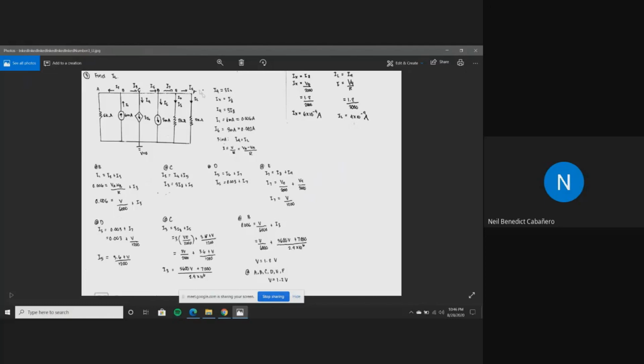So now, since we have already identified the nodes and the direction of the current, we now start solving for IL, this one. So the given I4 is equal to 3ix. If I may add, since we are required to find IL, we assume that the direction of the current is going towards IL, except this one, the direction of I2.